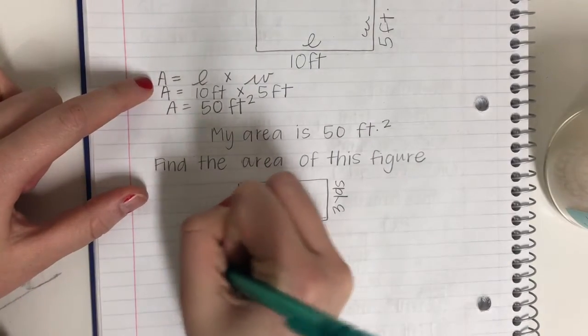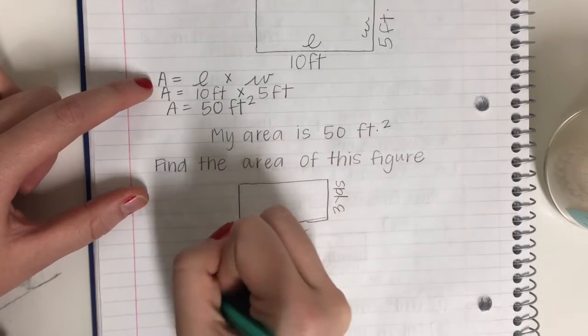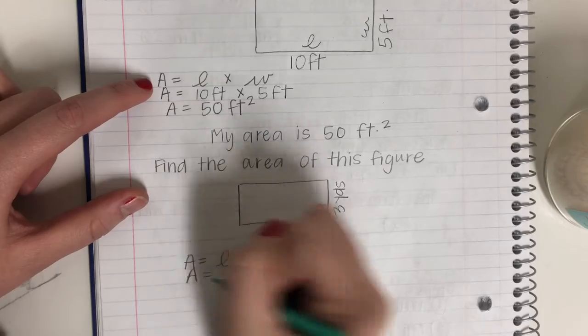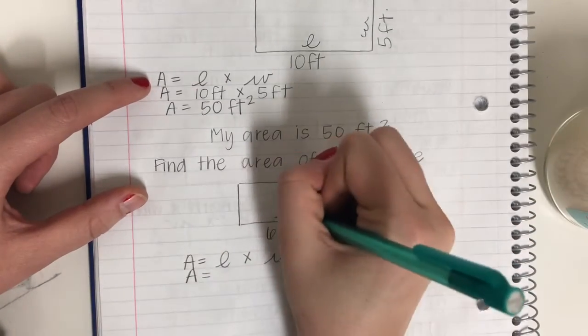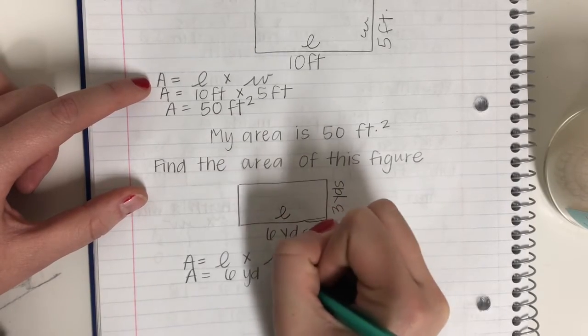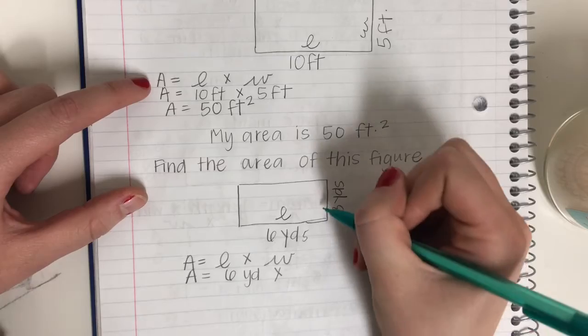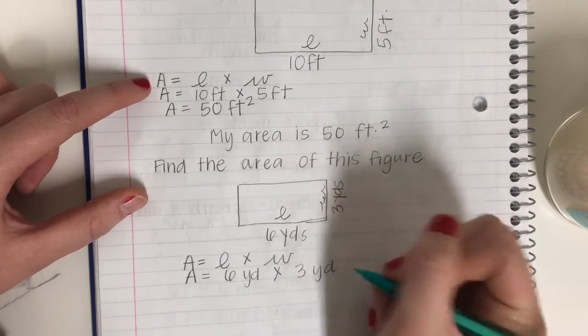So A equals length times width. Step 2 is to now fill in our known information. My length is how long something is. So my length is 6 yards times my width is 3 yards.